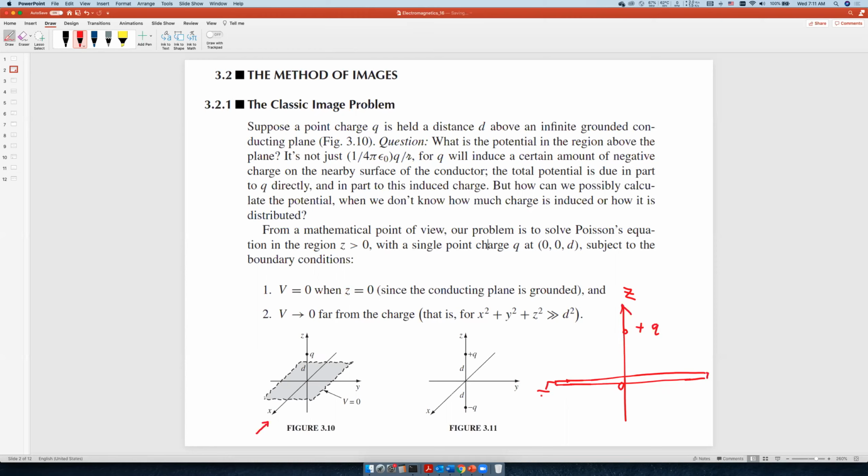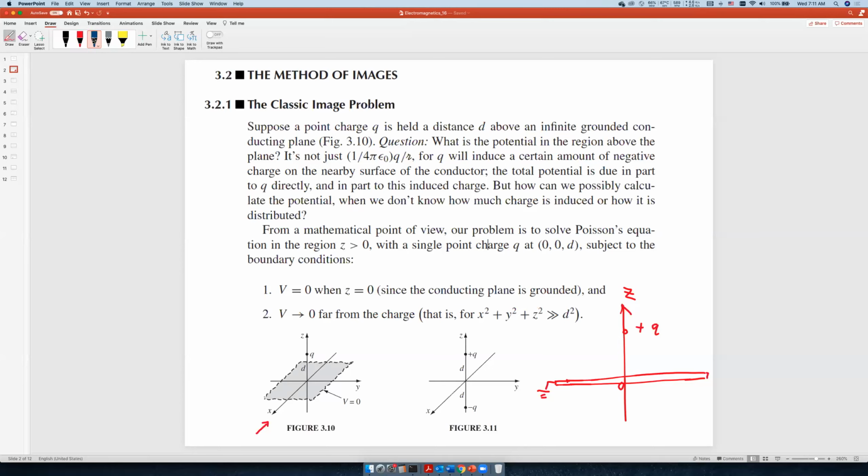So the potential here is 0. And then when the position is far away or infinitely far, then the potential should be 0.